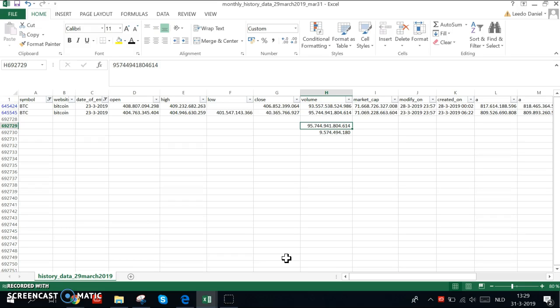That's because I'm using a dot instead of a comma. Now if I put a comma here again, then the number changes back to 9.5 billion.